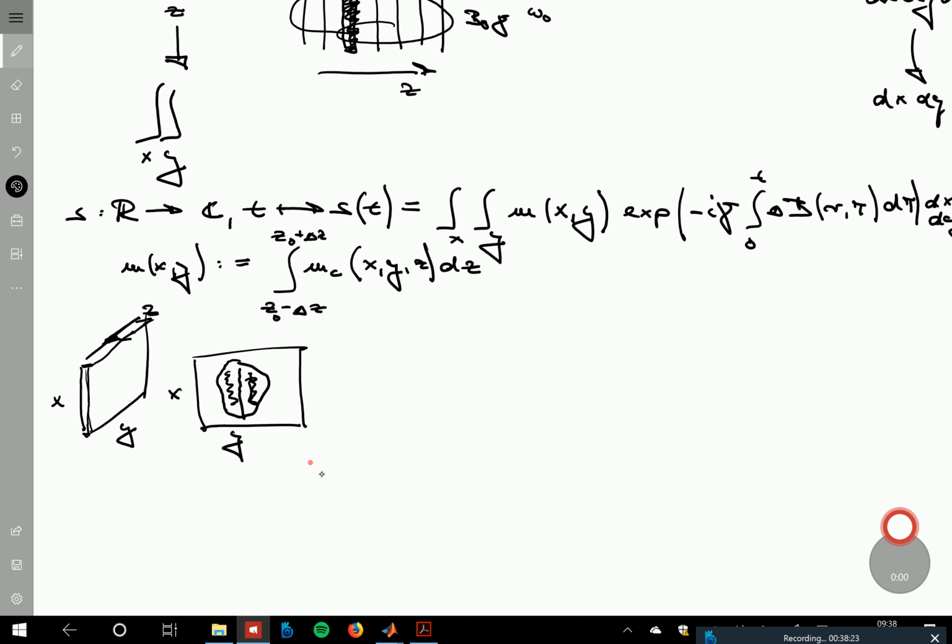So that's our Mxy. It's essentially our image function.